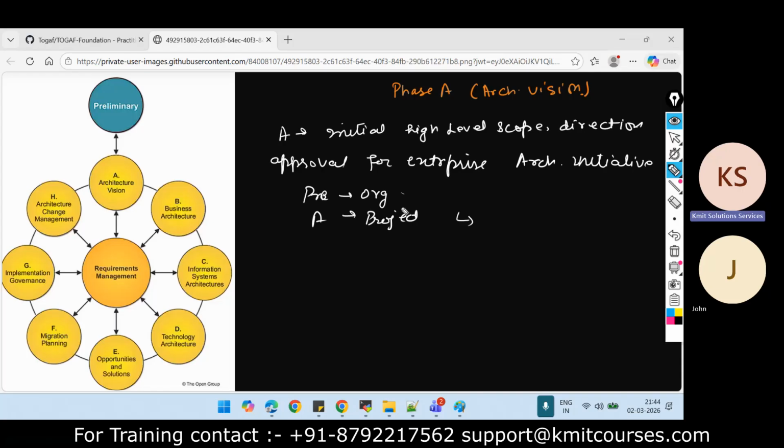It's not detailed. You can say it kickstarts the architecture development process. So here you should have a clear vision of what the architecture needs, and outline the problem the architecture is trying to solve.